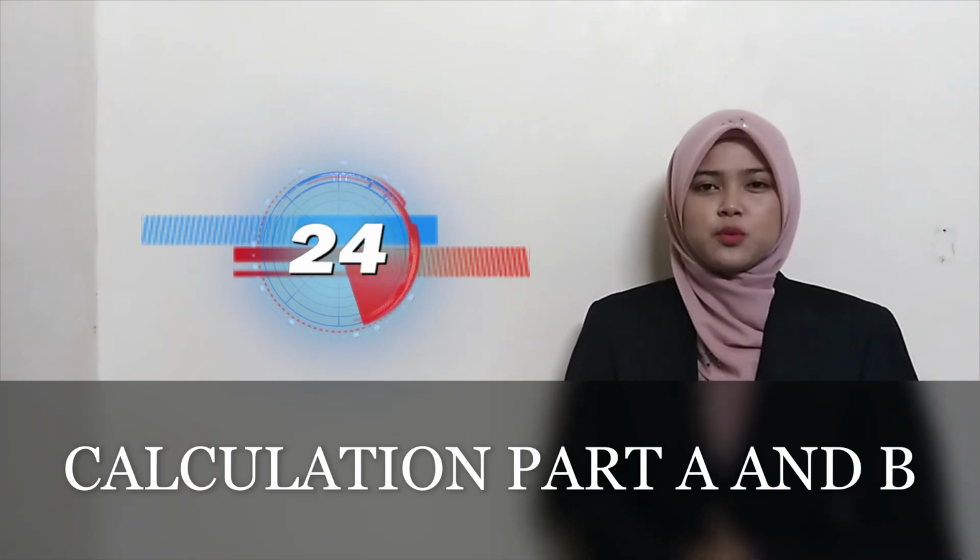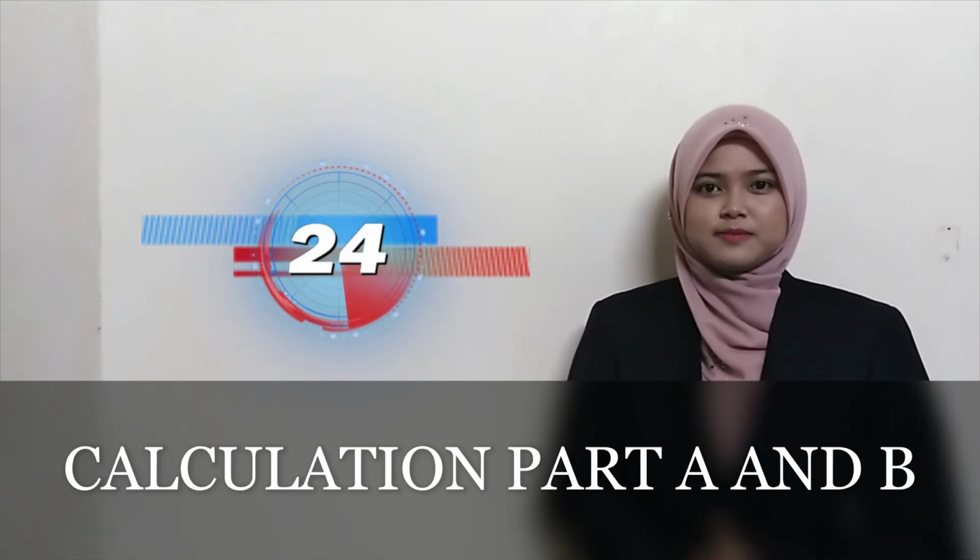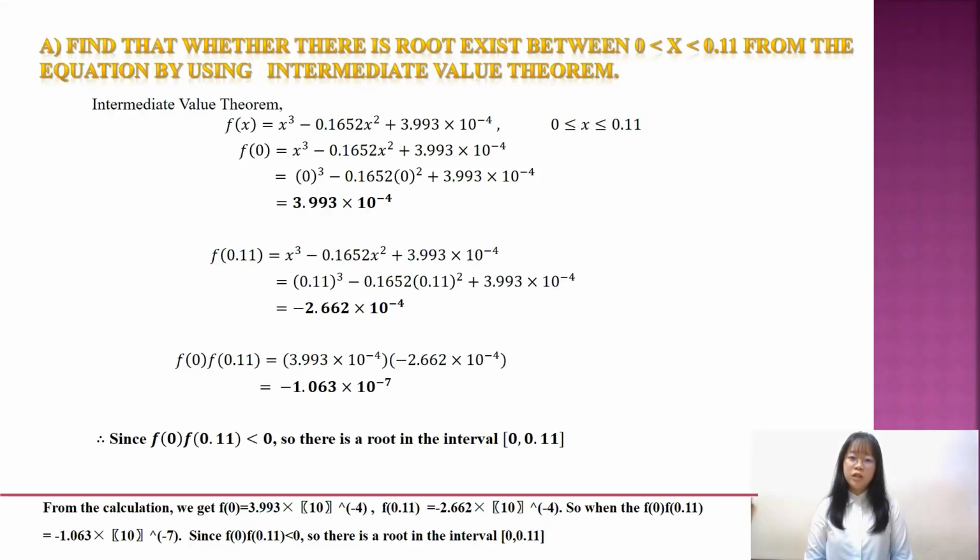Next, we will continue with calculation parts A and B. My name is Yusoff. I will discuss the calculation part. For question A, find whether there is a root between 0 and 0.11 from the equation by using the intermediate value theorem. From the calculation, we get f(0) equal to 3.993 times 10 to the power of negative 4, and for f(0.11), we get negative 2.662 times 10 to the power of negative 4.